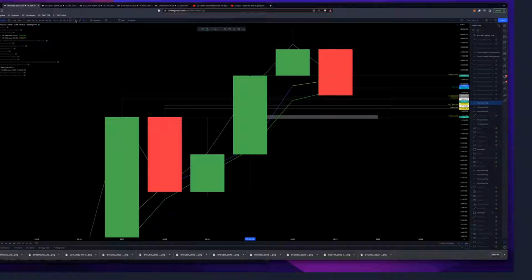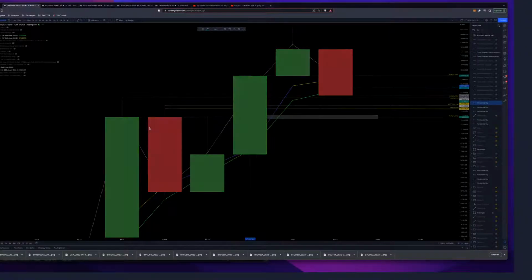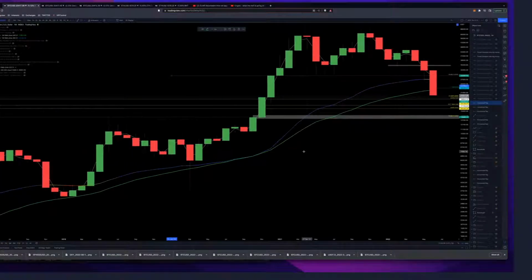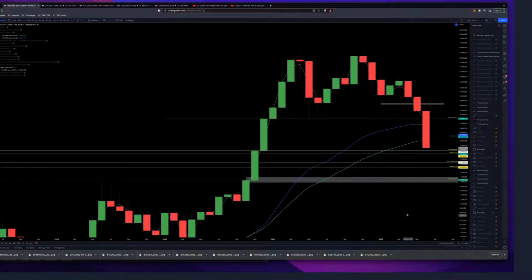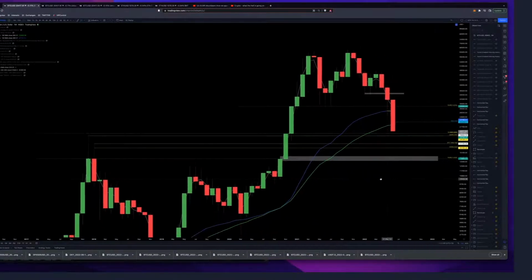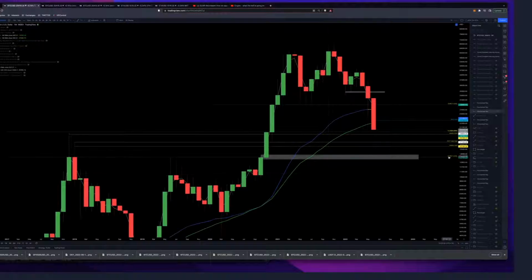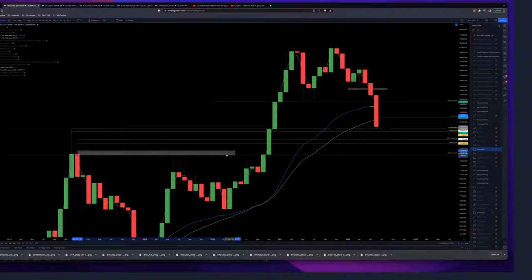Now we'll go to the monthly level. And we'll look at the charts with the yearly level. And you can see the yearly level right there equates to this with the monthly chart.